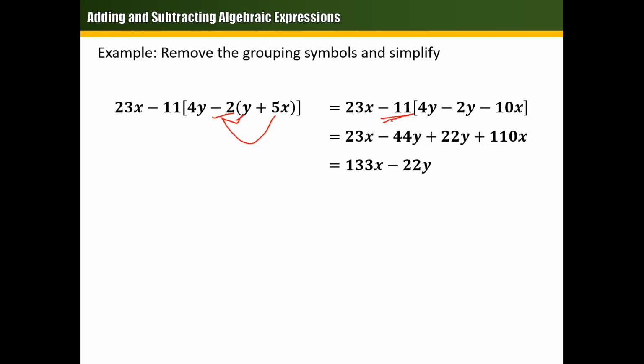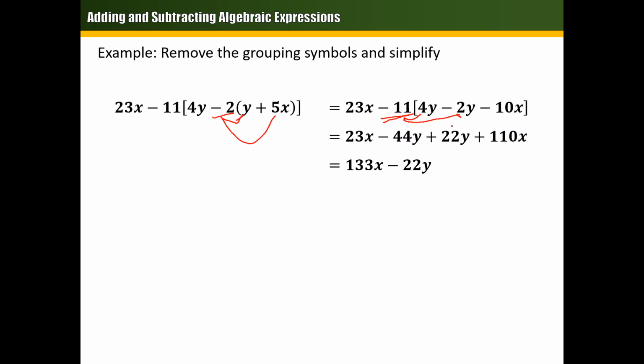Yung susunod, no? So negative 11, i-multiply mo siya sa 4y, you get negative 44y. So minultiply mo lang yung mga literal coefficients with literal coefficients. Tapos isikapin mo yung mga variables. Negative 11 times 4, negative 44y. So now, negative 11, imumultiply mo siya sa second term na nasa loob ng bracket.